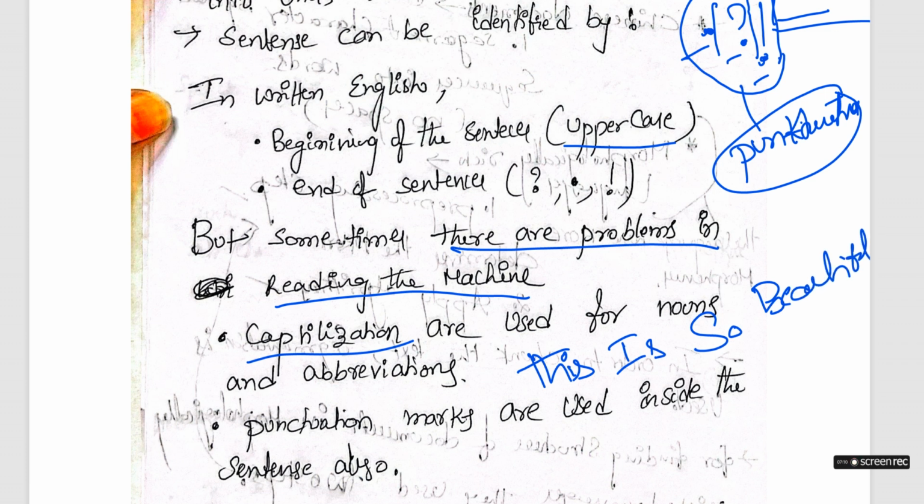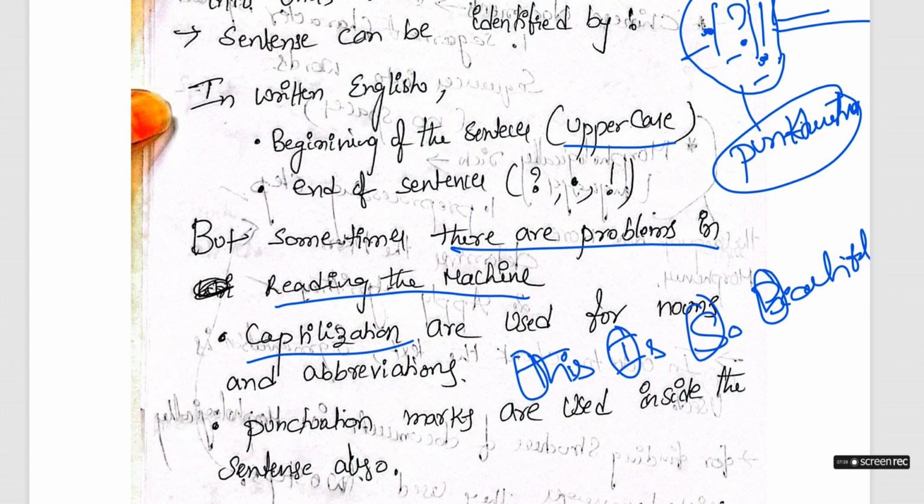Here every word, every token, is capitalized. This time, how will the machine not get confused? In English, a sentence starts with a capital letter and ends with punctuation marks. We need to remember this always. But some people write differently, and that time the machine will get confused.